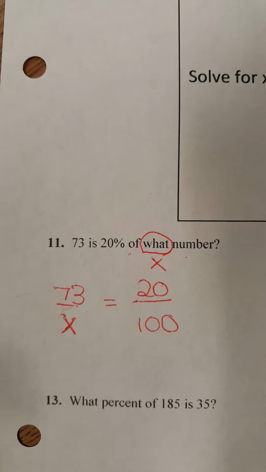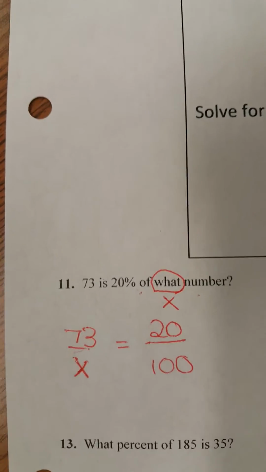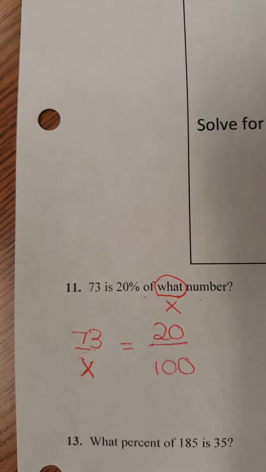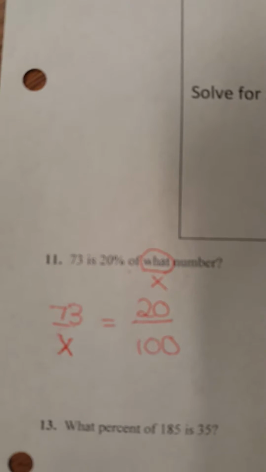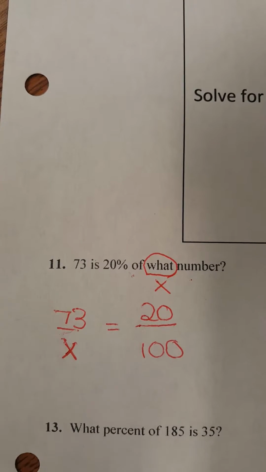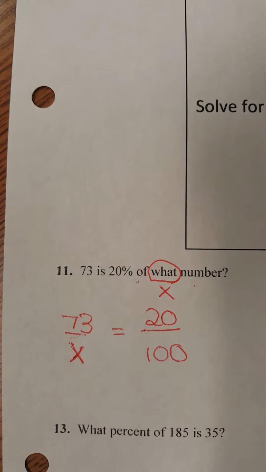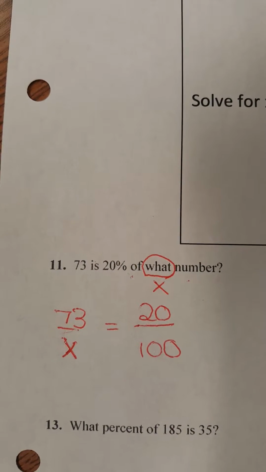So we're going to cross multiply. So 73 times 100, which is 7,300. And then we always divide by the number diagonal from the variable. So 7,300 divided by 20 is 365.